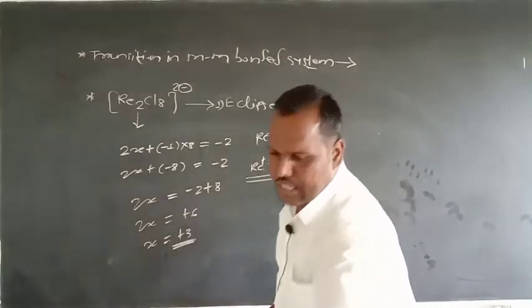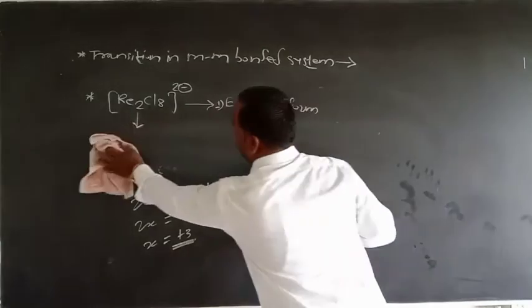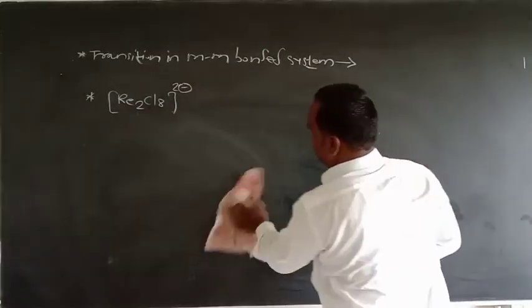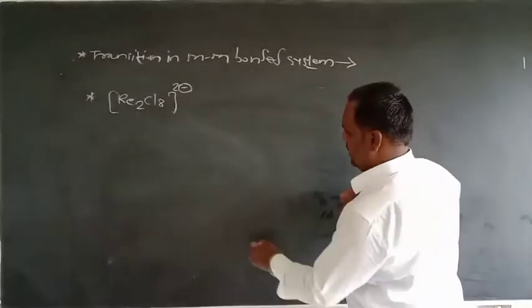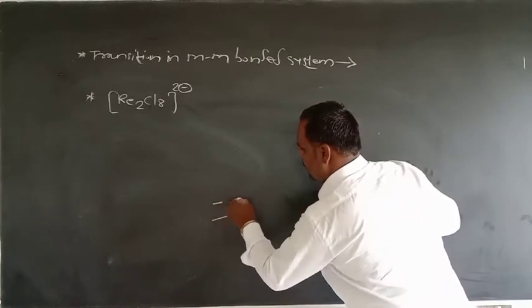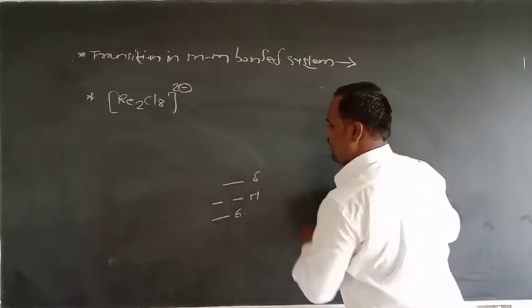And if you consider the bonding in this complex, we know the energy level diagram. That is sigma, then 2 pi, and then one delta bond is formed.